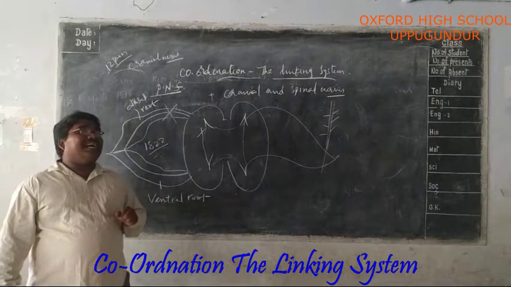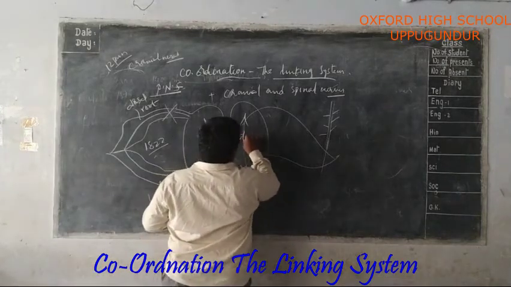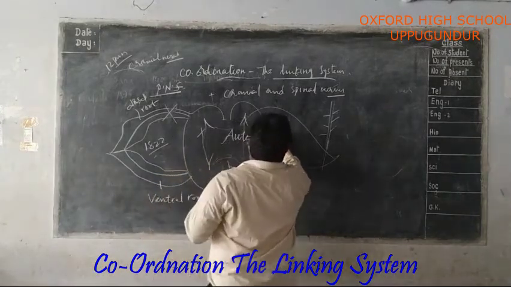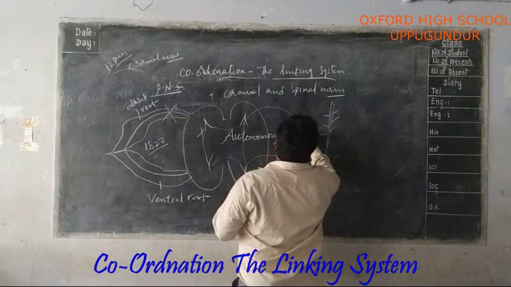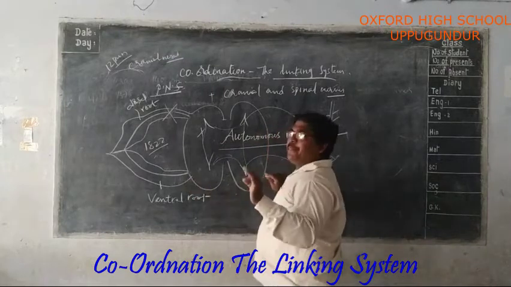So it is also called the autonomous nervous system.